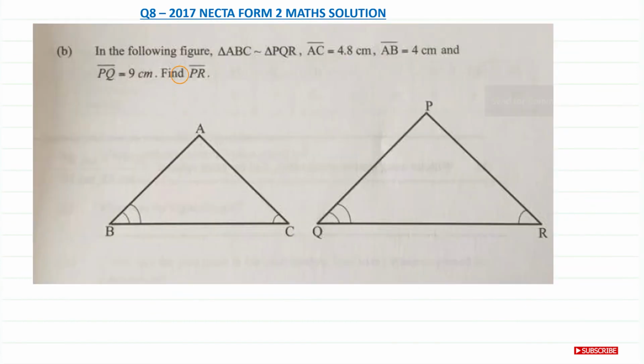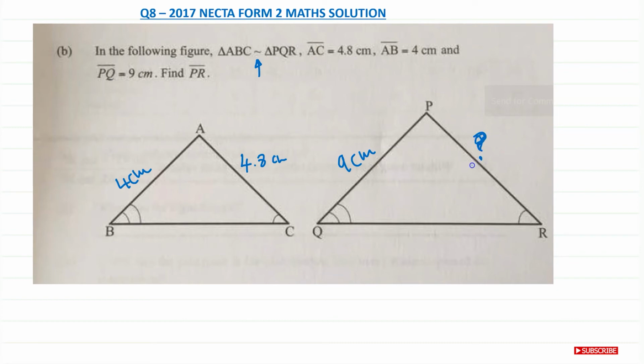Right, now for 8b, we're told in the following figure, triangle ABC is similar to triangle PQR. So this means similar. AC is equal to 4.8, so let's put that in. This is line AC, and AB is equal to 4 centimeters, and PQ is over here, 9 centimeters, and we need to find PR.